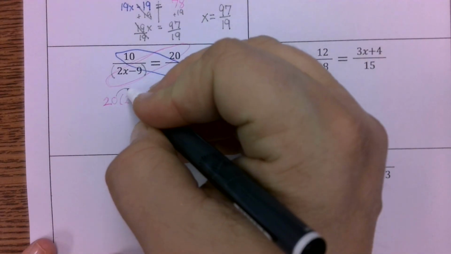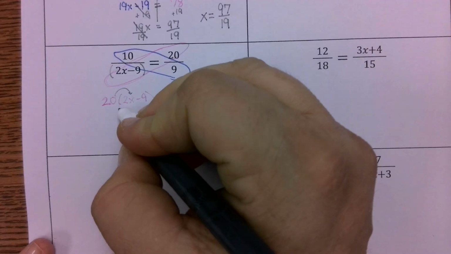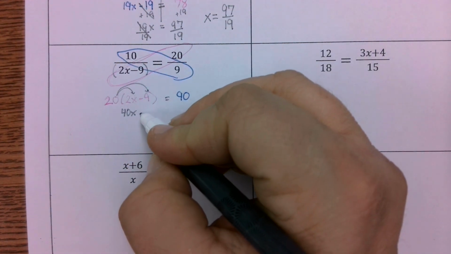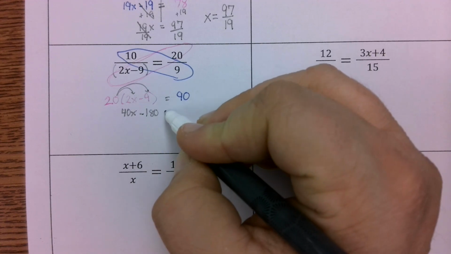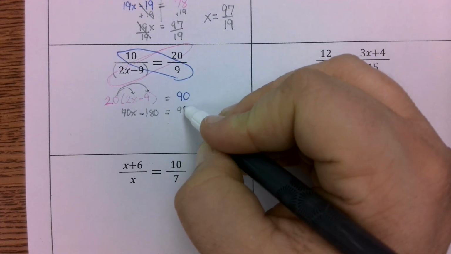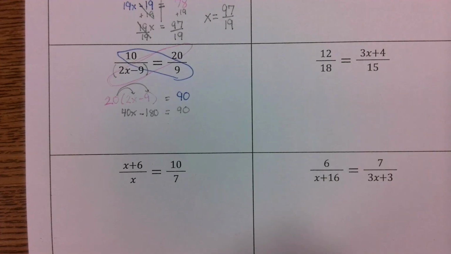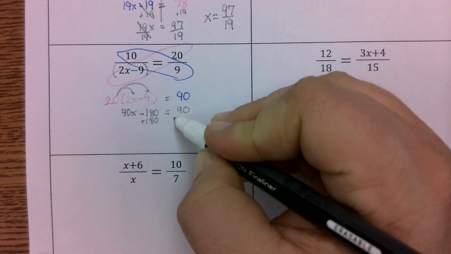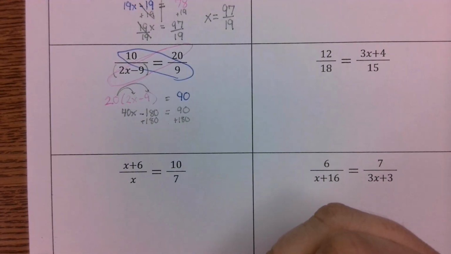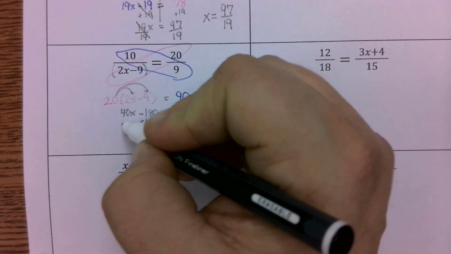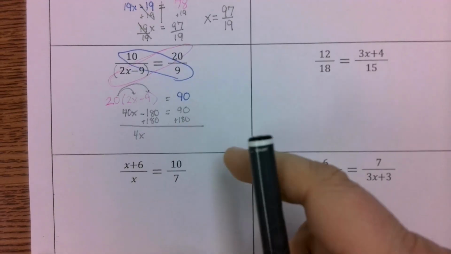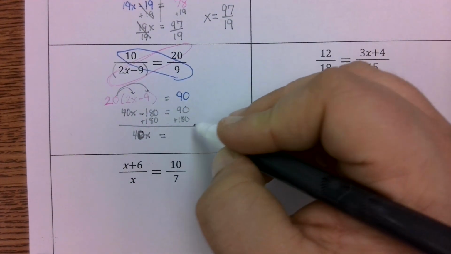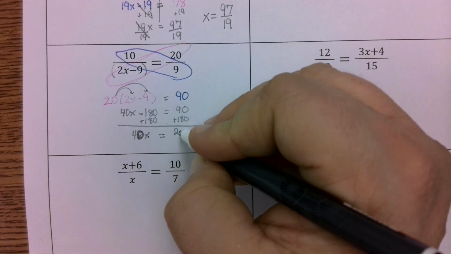When you distribute it, 20 times 2 should give you 40 x's, and 20 times negative 9 should give you negative 180, and that's equal to 90. Okay. Then we would add 180 to both sides, and that leaves us with 40x, or excuse me, that should be a 40. 40x is equal to 270.